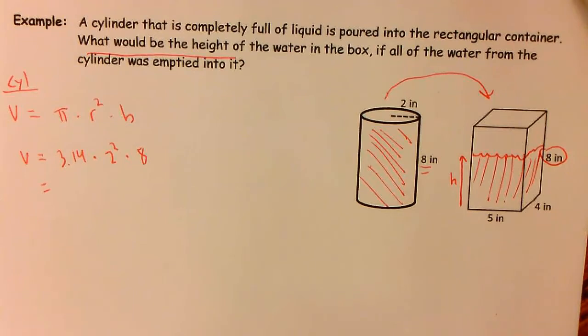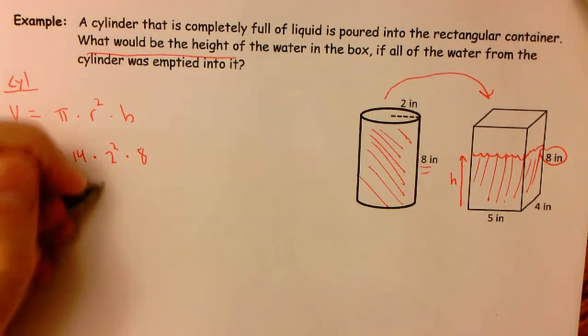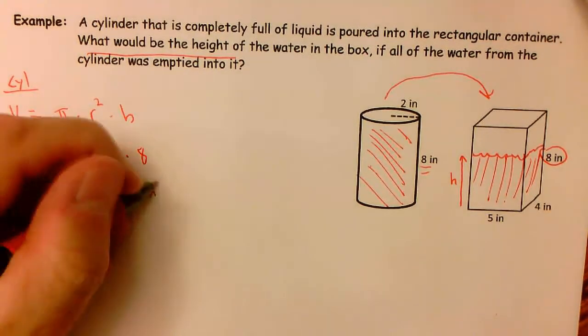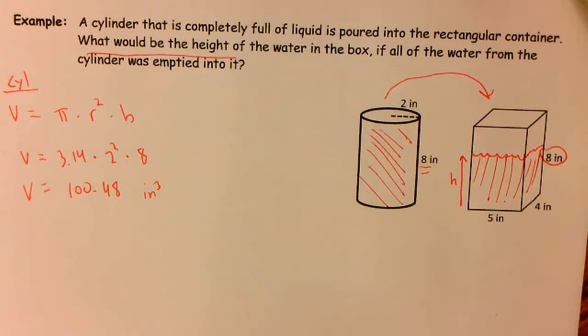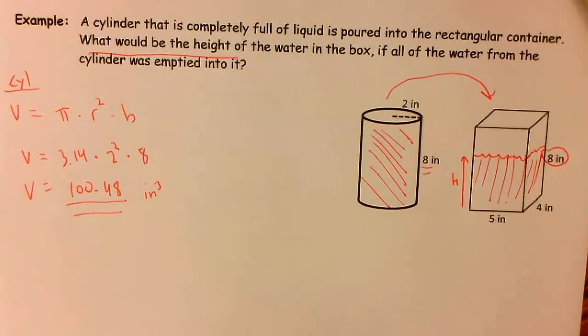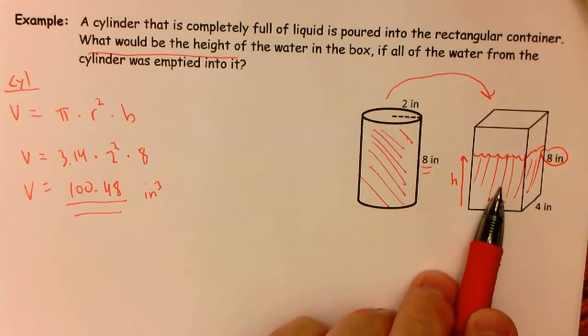So I do 3.14 times 2 squared times 8, and I get 100.48 cubic inches. So this is the amount of water that is being poured into the box.